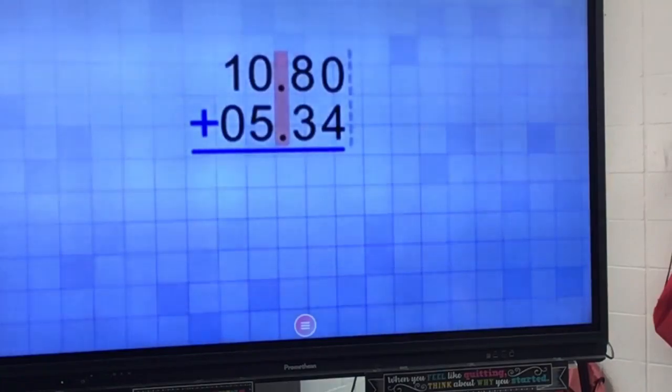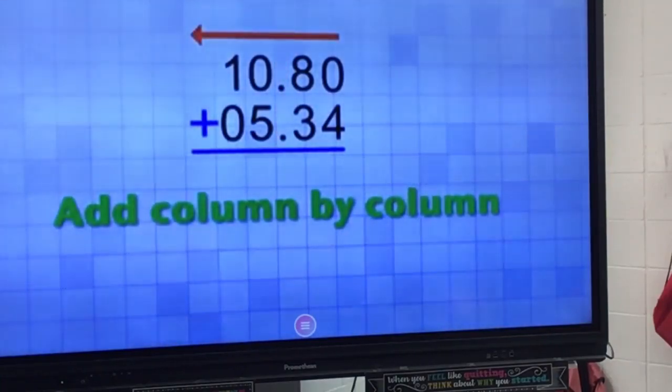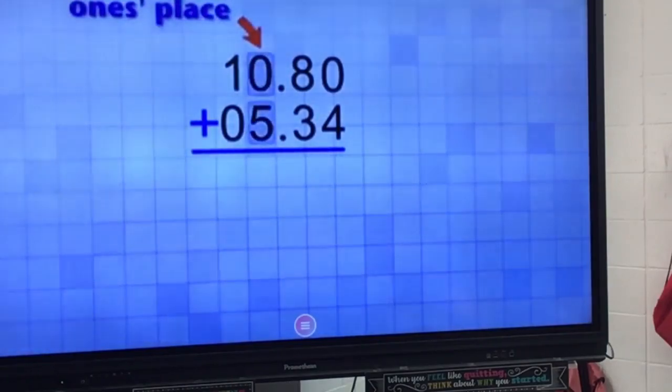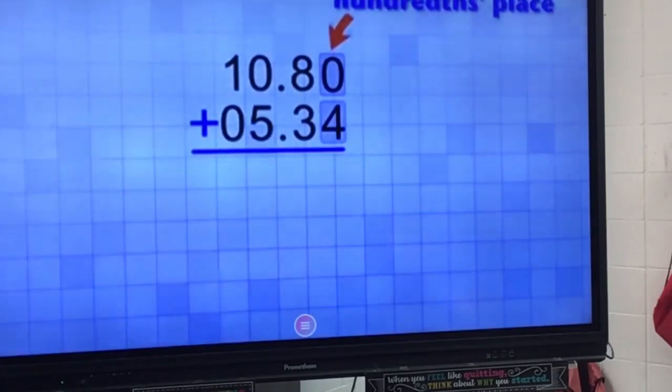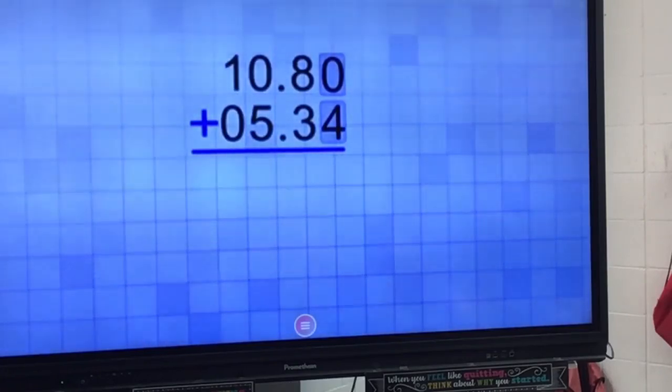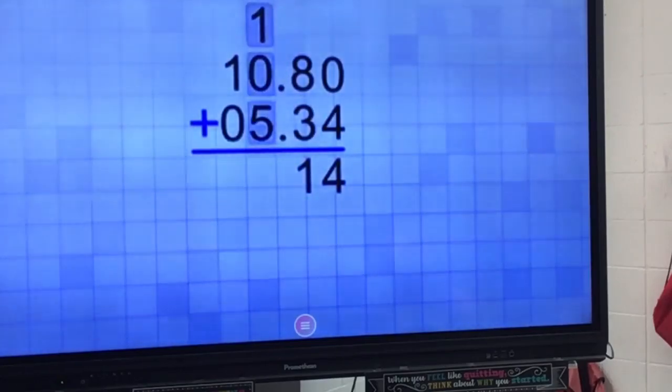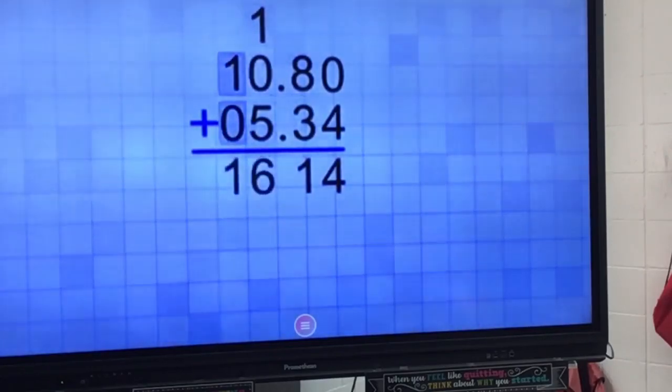Now that these numbers are lined up by their decimal points, we can add them column by column. But instead of starting with the ones place, like we always did with whole numbers, we start with whatever number place column is the furthest to the right. In this case, that's the hundredths place. So we'll start there. We add the digits in each column, carrying or regrouping as needed, and we get 1614.